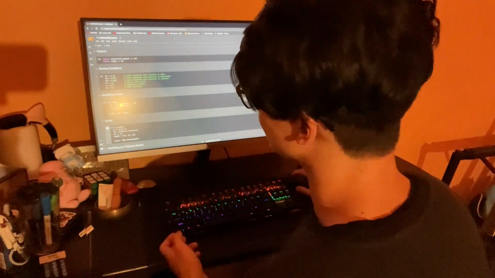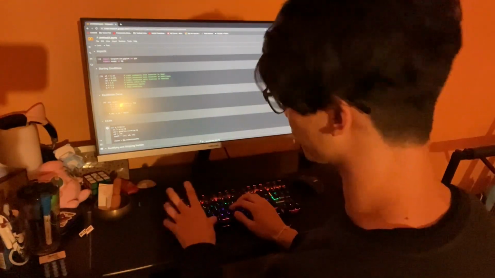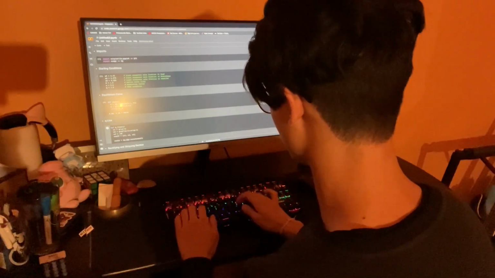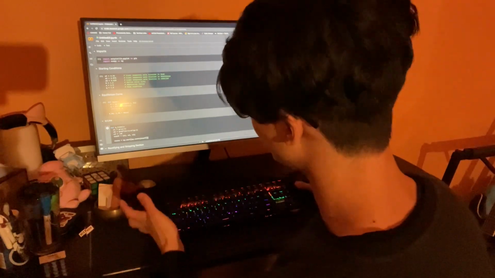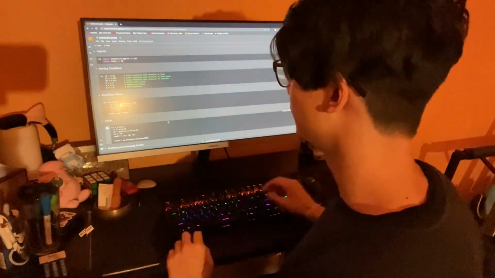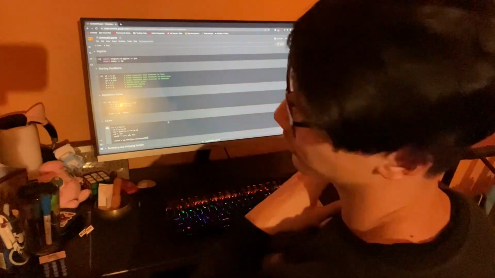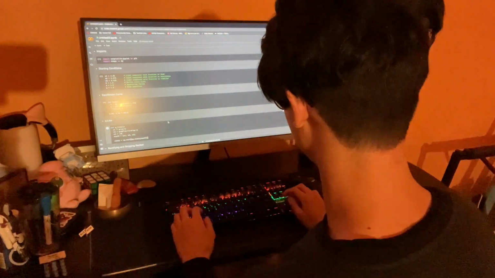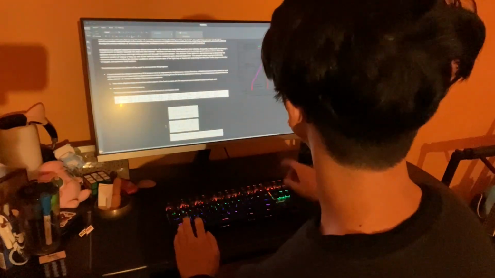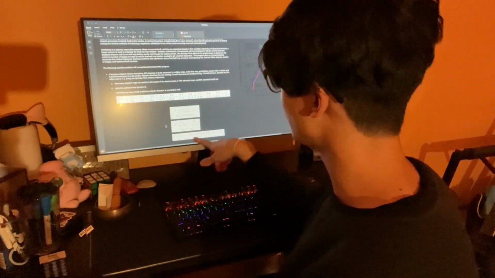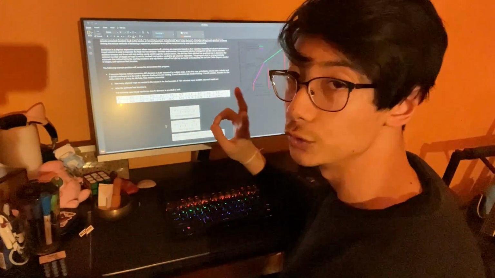Once we have the roots, just to make things easier, I'm also going to organize the roots. So I'll go np.sort. The roots will be calculated and then sorted in ascending order, just to make future calculations easier. Since we have a quadratic equation, we're going to have 2 roots.